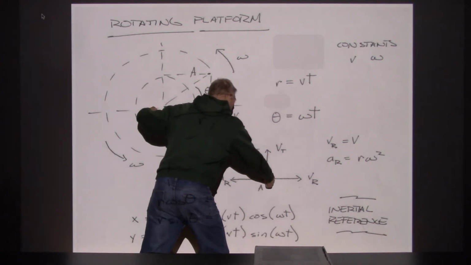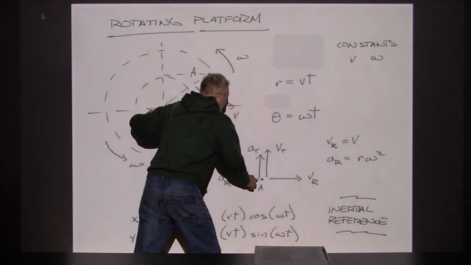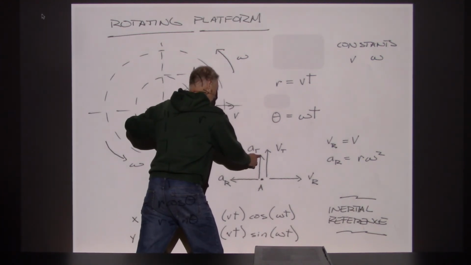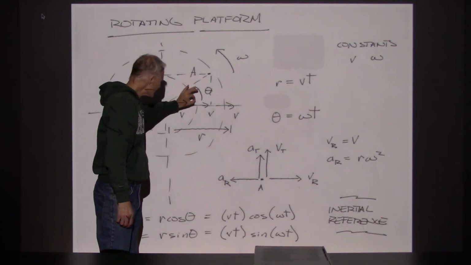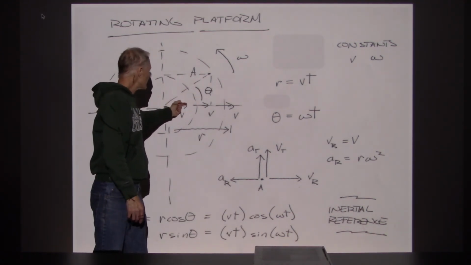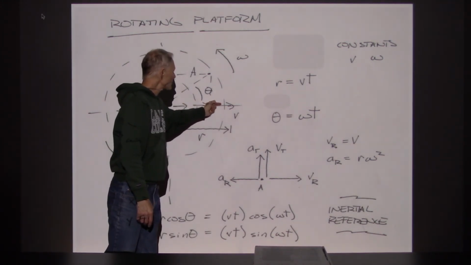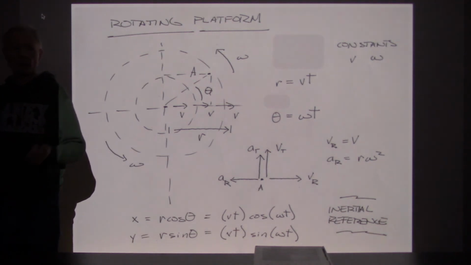Now we know there's a radial acceleration taking place for that point, but there's also going to be a tangential acceleration. And that is happening because instead of staying at one place, the person in this case is moving into regions where the tangential velocity is becoming larger and larger.